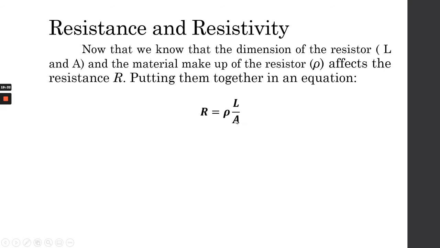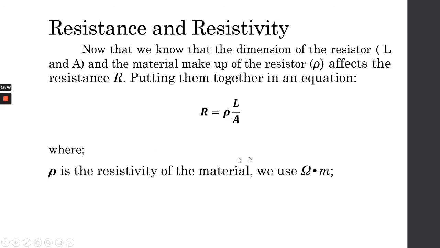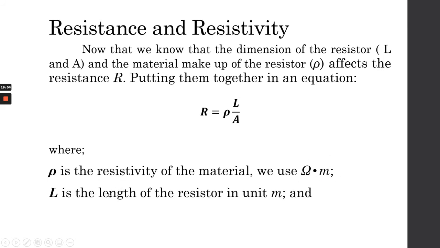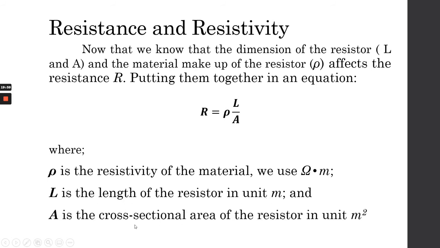So when we talk about area, ito yung cross-sectional area. So kapag may cylinder ka, hatiin mo yung cylinder mo. So yung circle, when you look at the cylinder, yun yung cross-sectional area mo. So where rho is the resistivity of the material, which we use ohm meter to denote as the unit, L is the length of the resistor in unit meters, and A is the cross-sectional area of the resistor in unit meter squared.